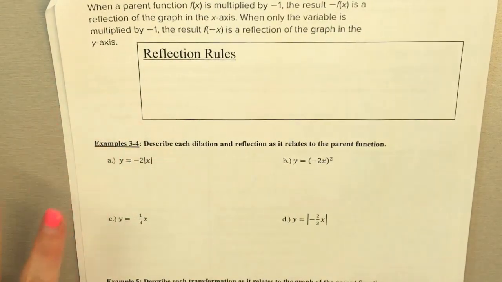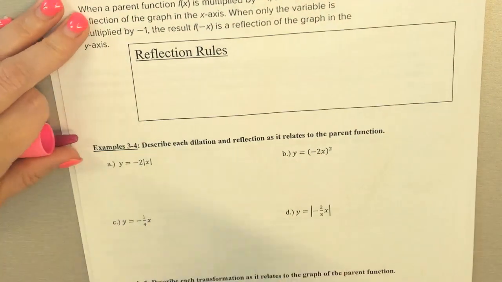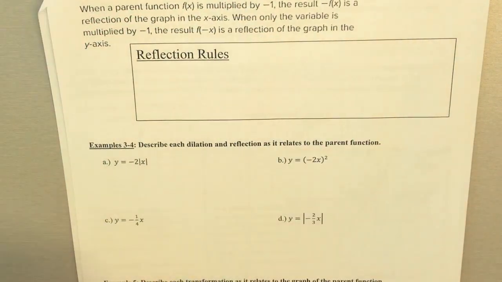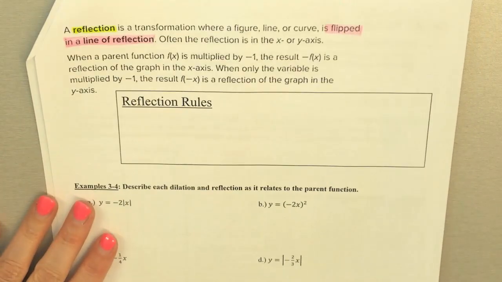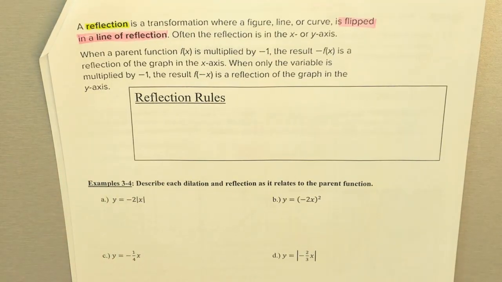That's when you have a flip over a line of reflection. This says in a line of reflection. You can say in or over. I like over better. And often when we do this, it's going to be over the y-axis or the x-axis.